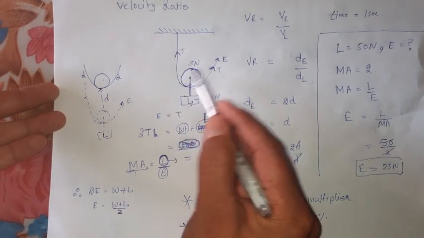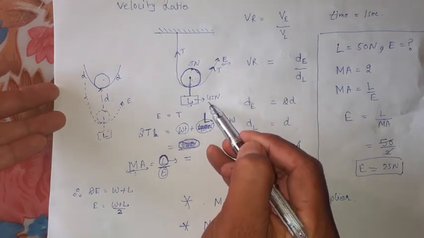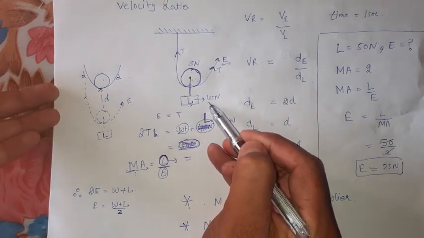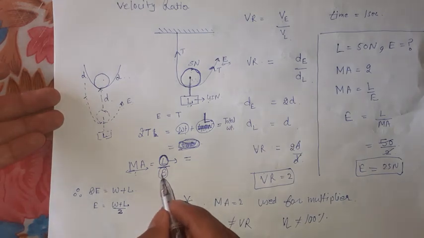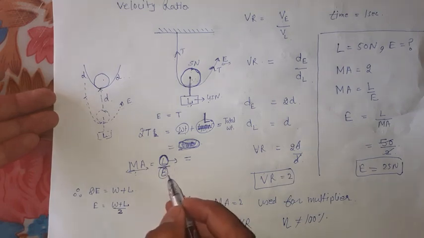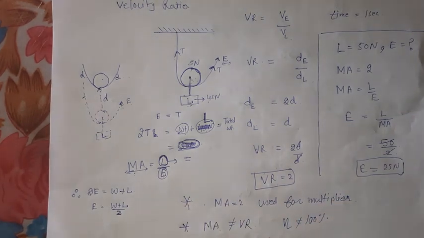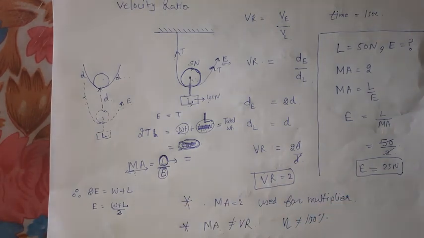So we have to apply more effort than the load which we want to lift up. Therefore this mechanical advantage will decrease. Okay, we will discuss this at the end of the video. There will be a numerical for you, and from there it will be very clear to you.